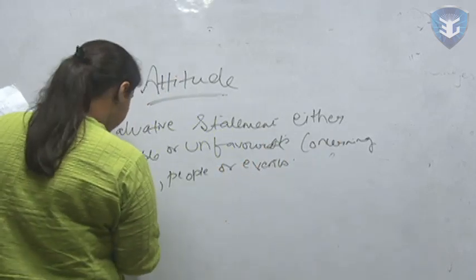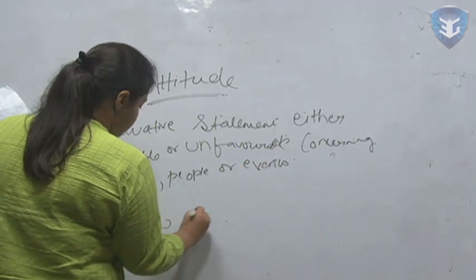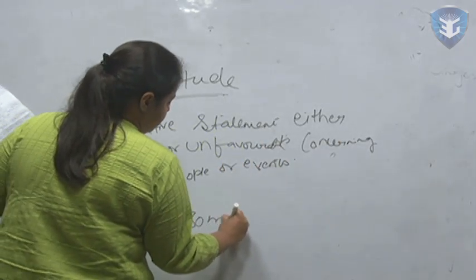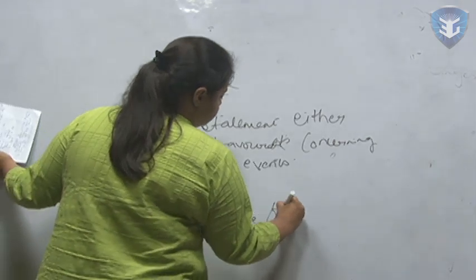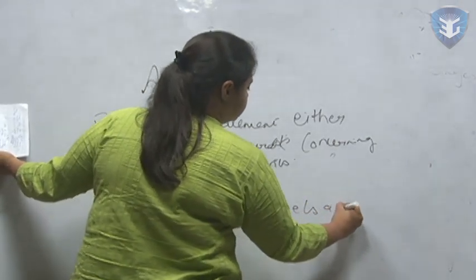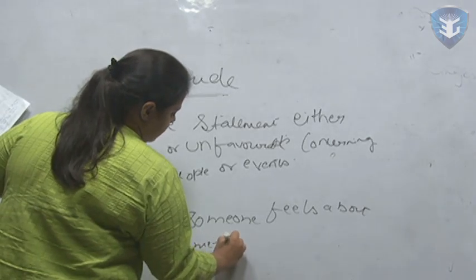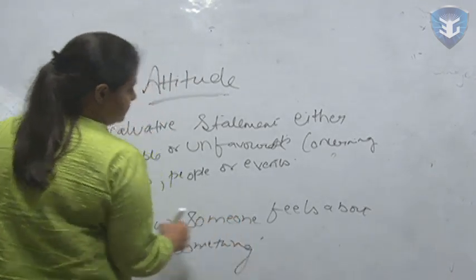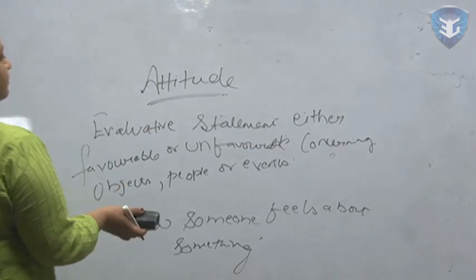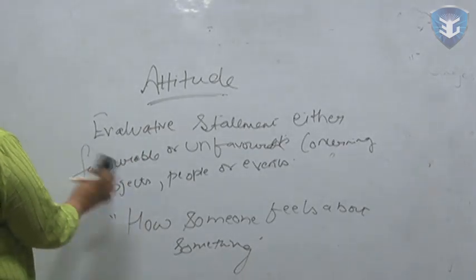This simply means how someone feels about something. An attitude is how someone feels about something. So, it can both be favorable and unfavorable.